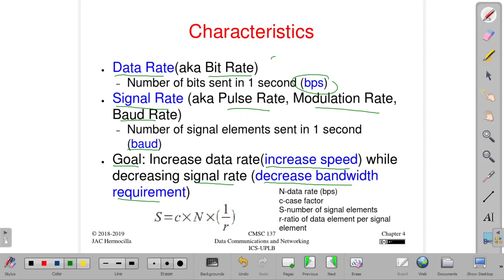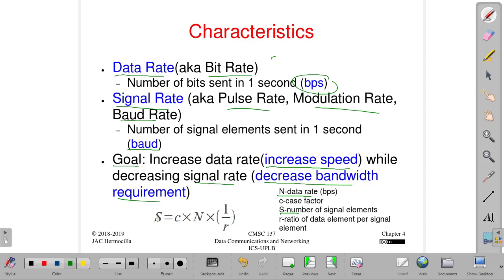So given these definitions, we can define a relationship between the data rate and the number of signal elements.